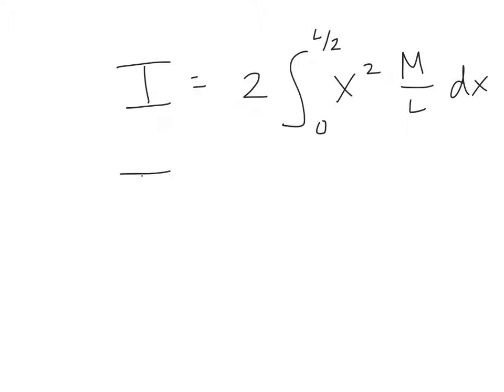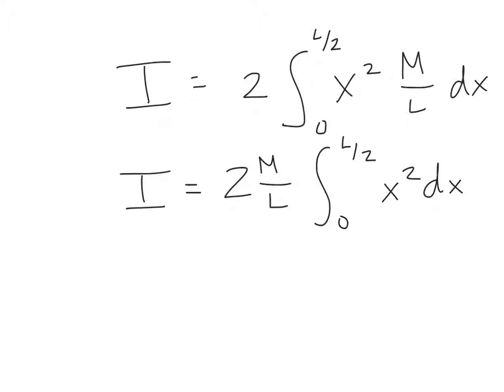So now it's just integral calculus, so I can take my constants out of the equation, so I can write 2 times m over L, or 2m over L, and then the integral from 0 to L over 2, x squared dx. And this looks pretty doable. So I've got 2m over L, and the integral of x squared is 1/3 x cubed. And again, I'm going from 0 to L over 2.